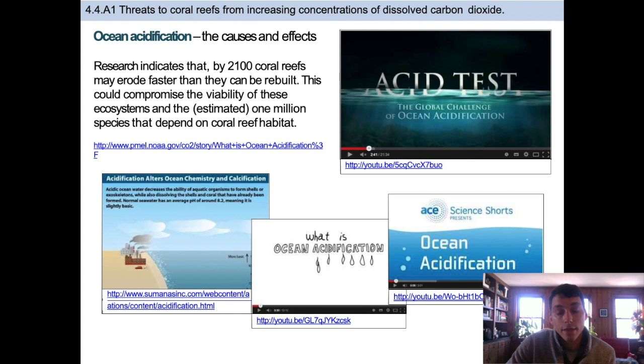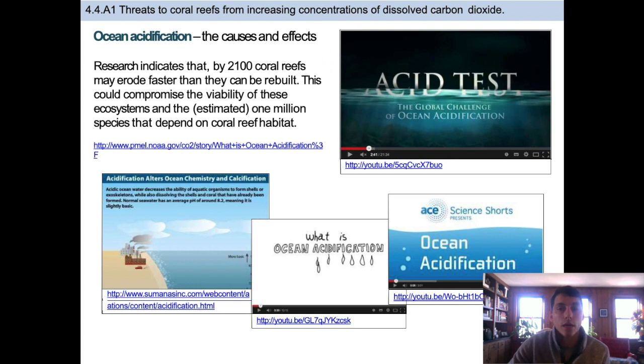So I said earlier that all of that carbon dioxide does not just stay in the atmosphere. Some of it gets absorbed, and specifically it gets absorbed into the oceans. And the big problem with this is when I add carbon dioxide to water, that causes a drop in pH levels. Okay, it causes acidification. So we get ocean acidification as a result. And research is indicating that we are losing coral reefs because of this.